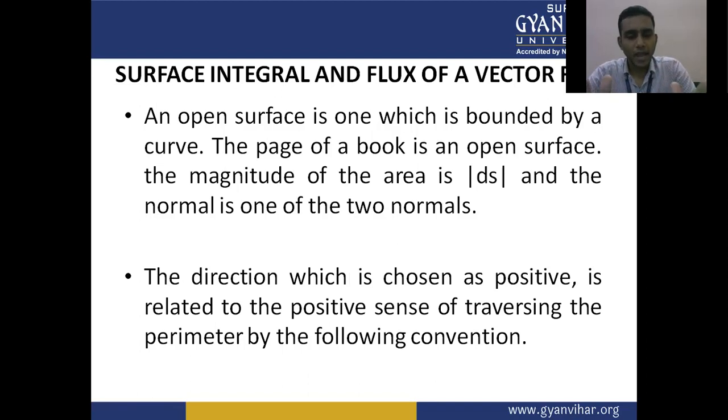The magnitude of the area is ds, and the normal is one of the two normals. The direction which is chosen as positive is related to the positive sense of traversing the perimeter by following conventions.